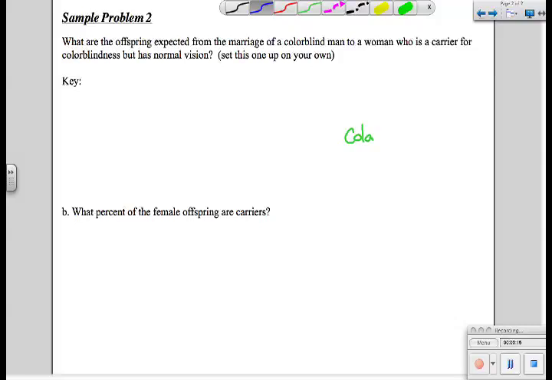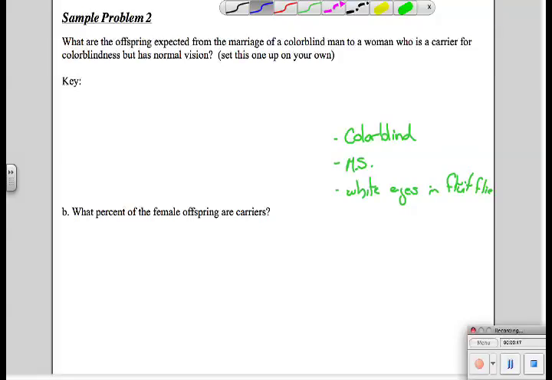Colorblind is a sex-linked trait, muscular dystrophy is a sex-linked trait, white eyes in fruit flies is a sex-linked trait, as well as hemophilia, which is a blood clotting disorder.